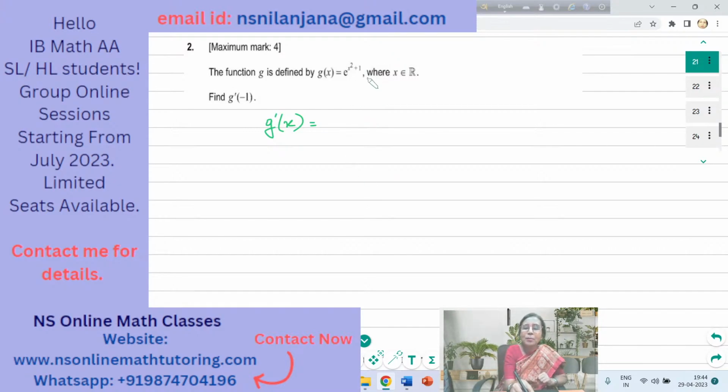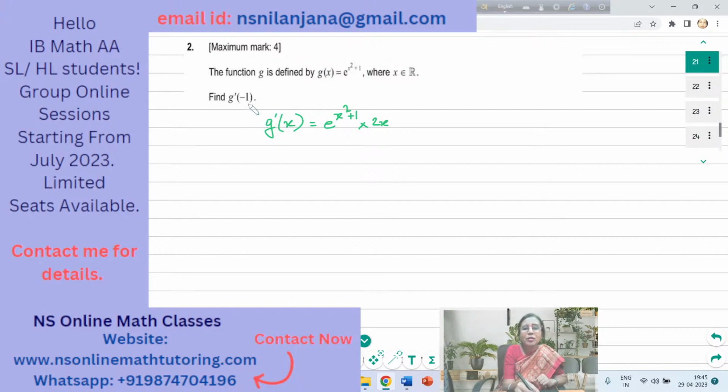So e to the power of x plus 1 will be e to the power of x plus 1. Not x, rather x squared plus 1. And then we will be differentiating the power x squared plus 1, which is 2x.